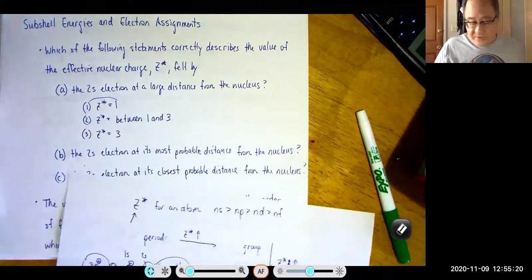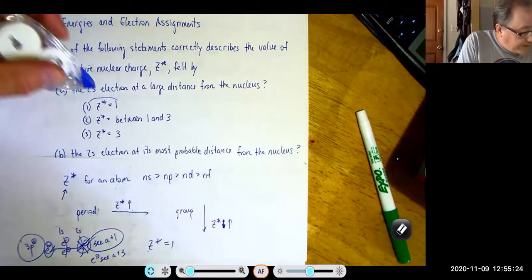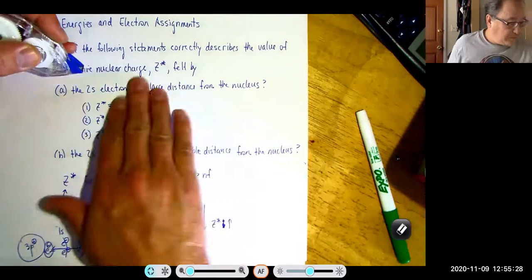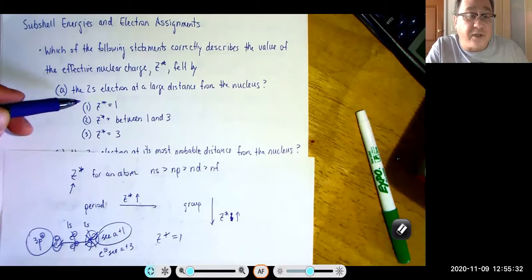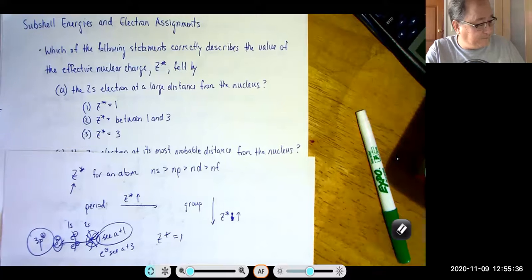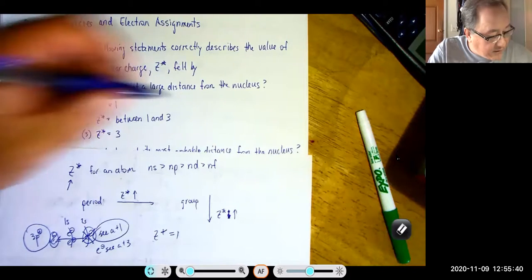The other question you could ask with this particular problem without rewording it too much would be, what charge will the 2s electron see when it's really close to the nucleus? The +3. And this should be for a lithium atom.